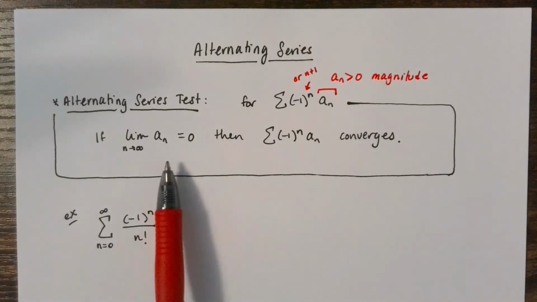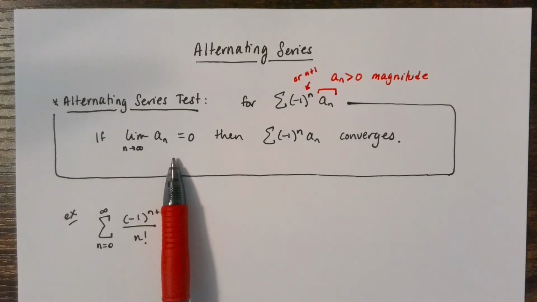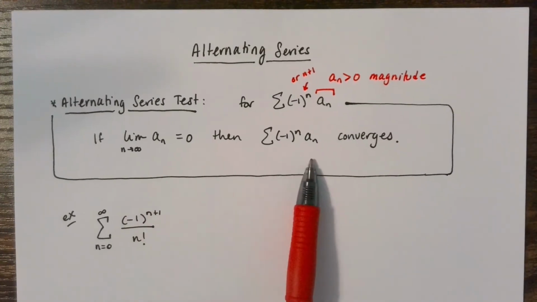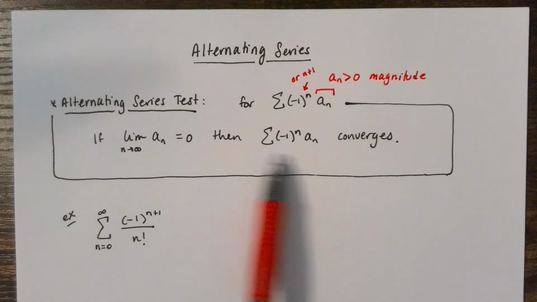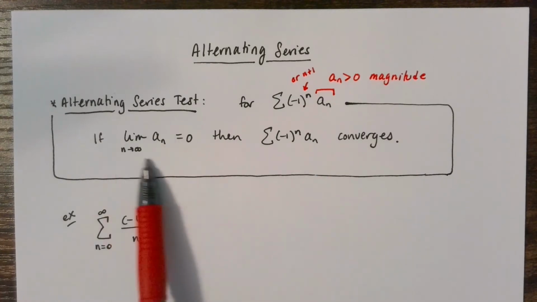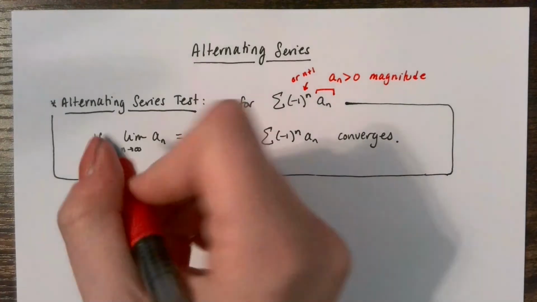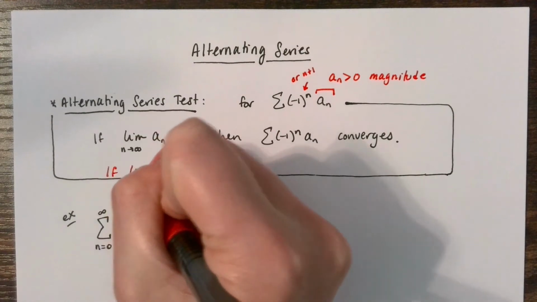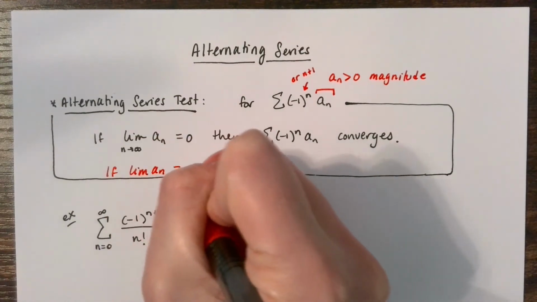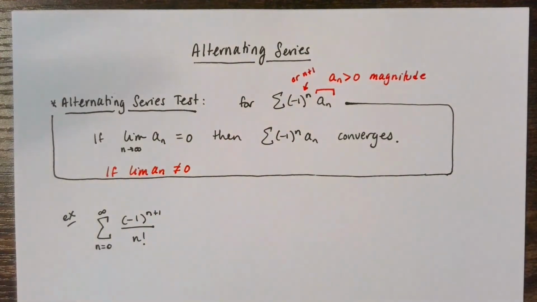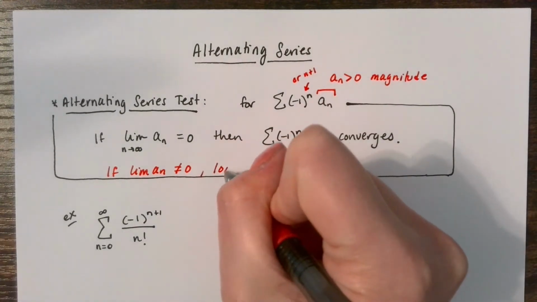So I also want to point out the implied other situations here. The other possibility is that this limit is not 0. So if you start with an alternating series, you go to compute that limit and you get something other than 0, either it doesn't exist or it equals some other number, look to the nth term test.